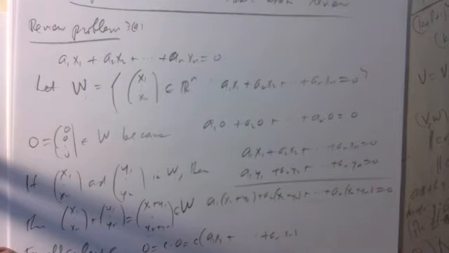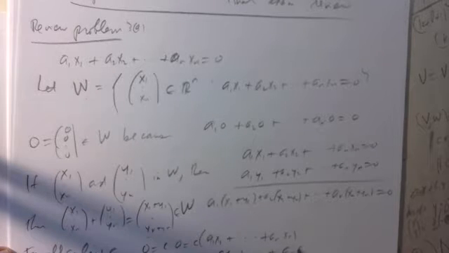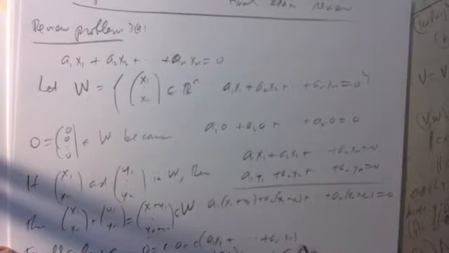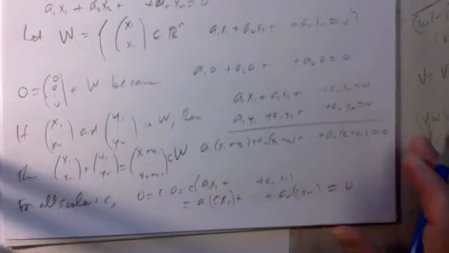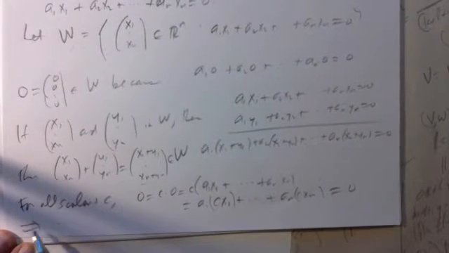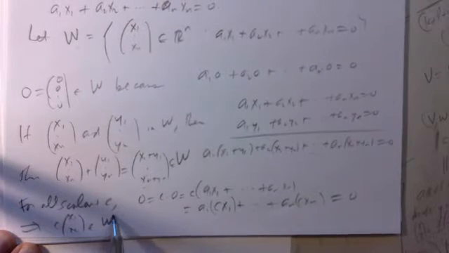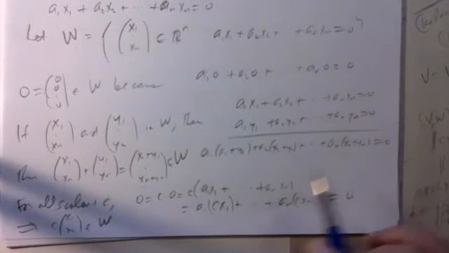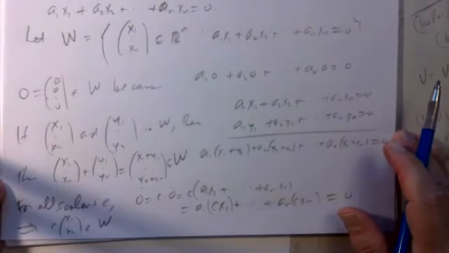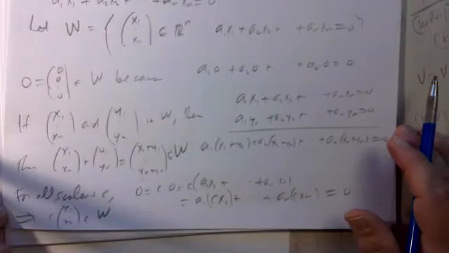I can distribute and rearrange, and this is a1 cx1 up to an cxn. That's 0. So that says that the vector cx1 down to cxn is in W. So the set W is closed under scalar multiplication.